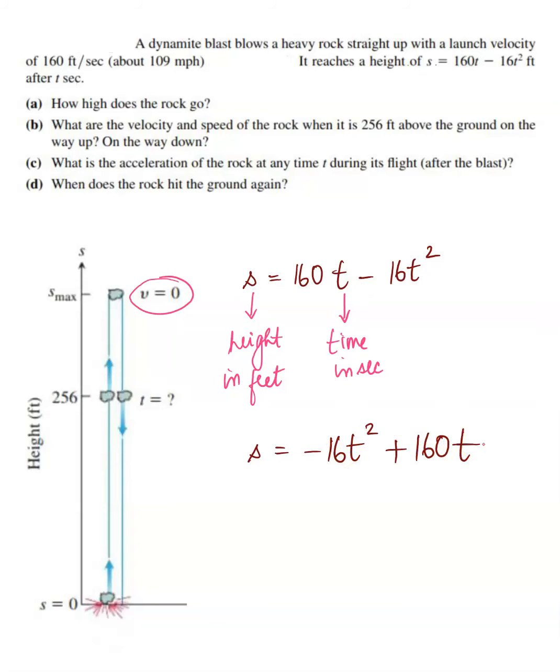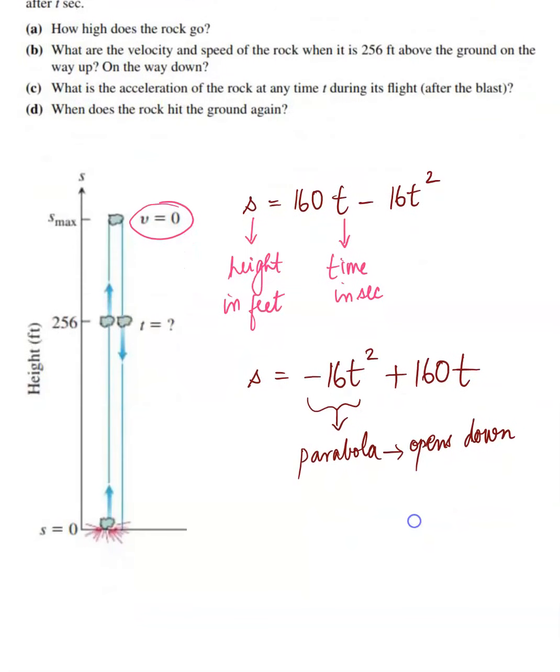I'm just rearranging the terms so that I have the highest degree occurring first. So this tells you it's a parabola that opens downwards, because of the negative leading coefficient. So it opens down.